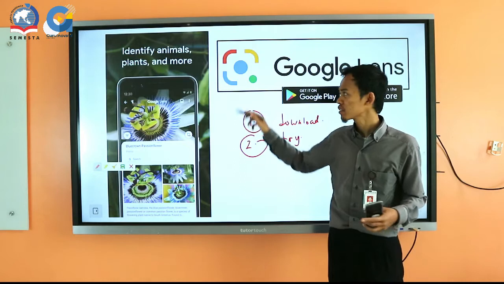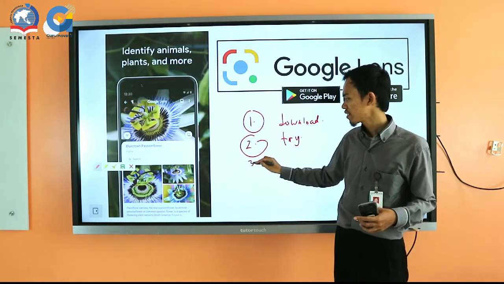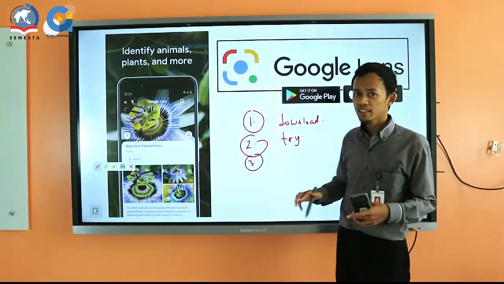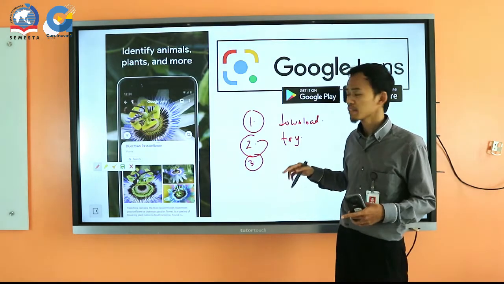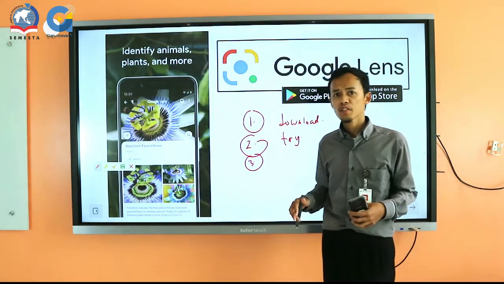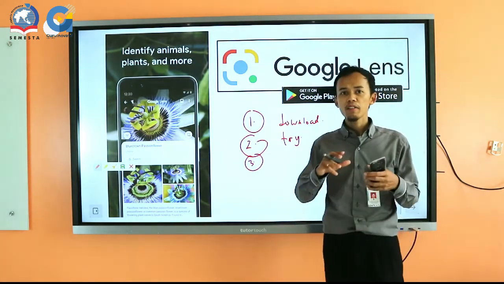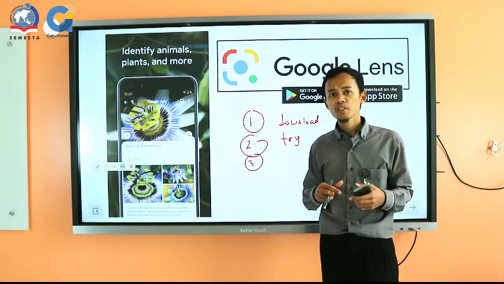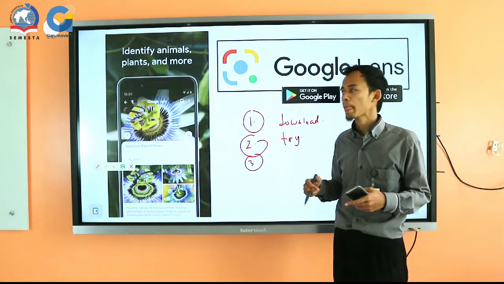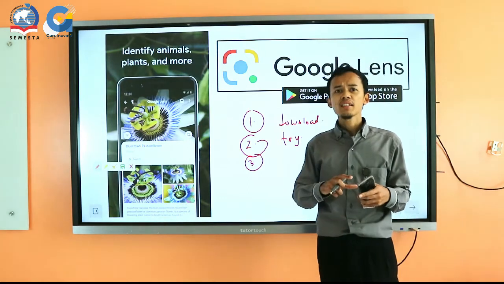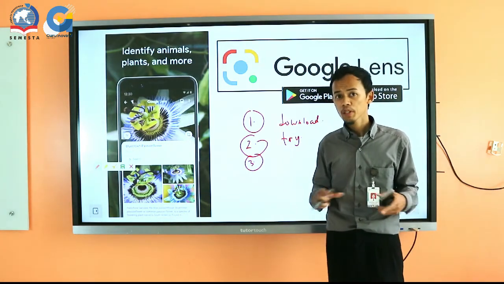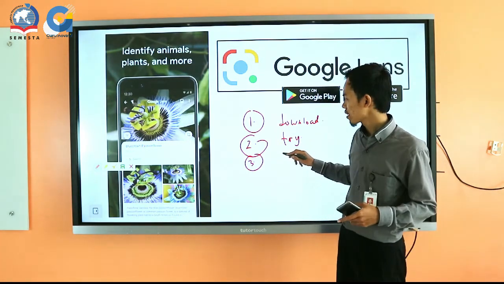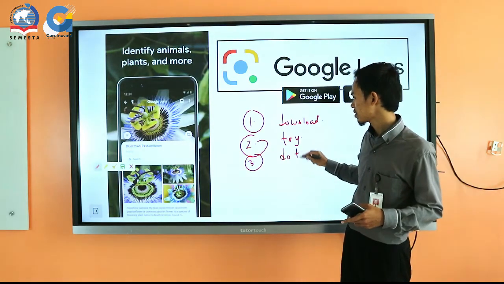After you try to use this app, then you can do the project task, for a week. So you prepare your smartphone and your notebook to capture various species near your home. Number 3, do the task.